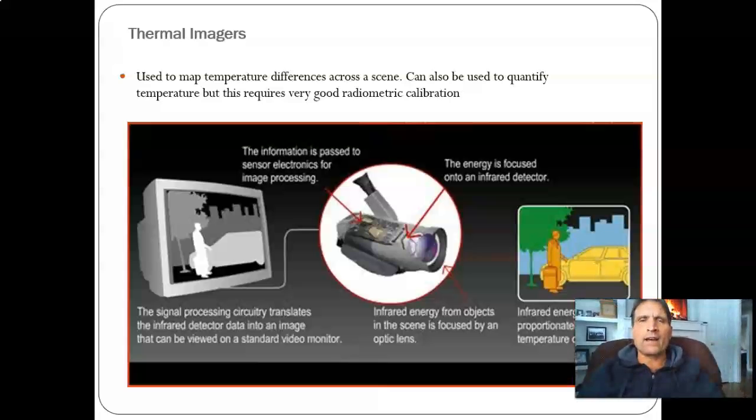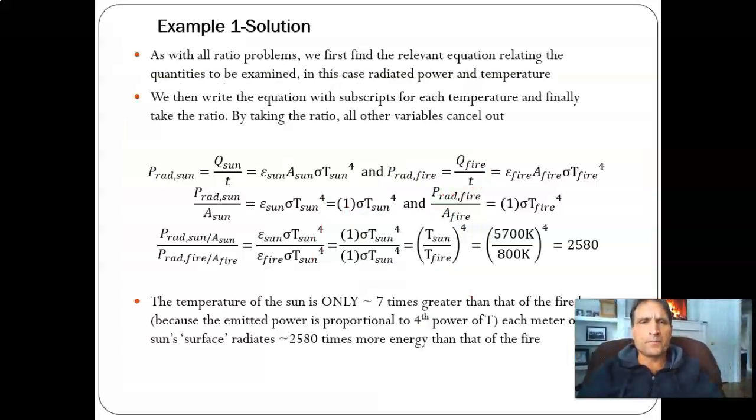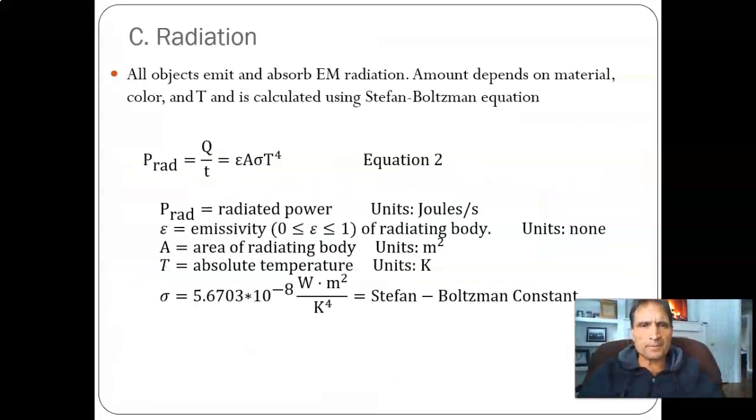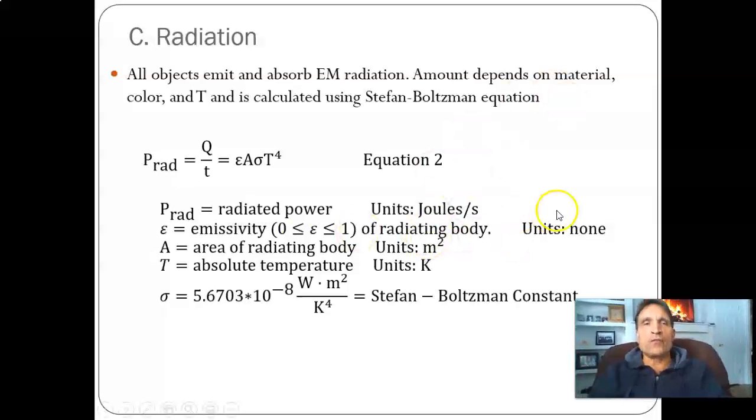Now, the caveat here is if we go back to this equation here, all of these devices that use the radiated power to measure temperature have to make an assumption on the emissivity of the body. In this case, it's the skin.